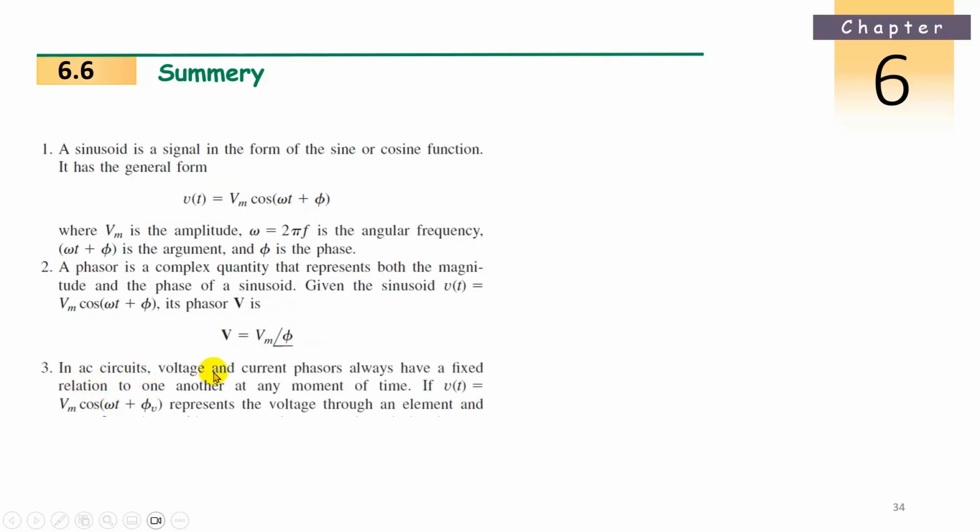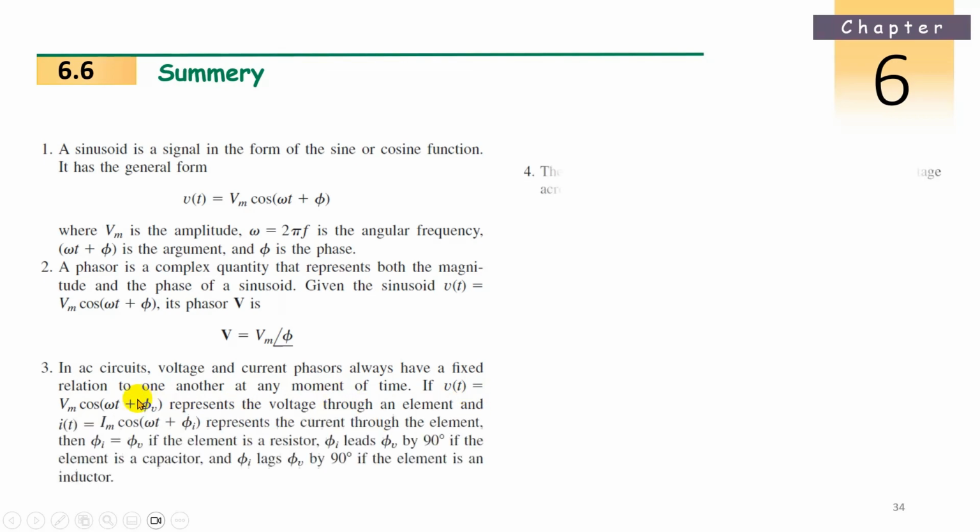Now, in AC circuits, voltage and current phasors always have a fixed phase relation to one another. Let v(t) = Vm cos(ωt + φV) represent the voltage through the element, and i(t) = Im cos(ωt + φI) the current through the element, where φV is the voltage angle and φI is the current angle.